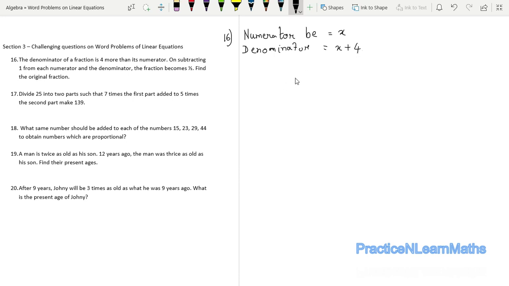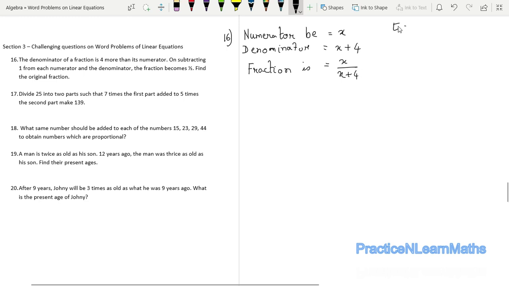Now, since the denominator is 4 more than the numerator, the original fraction is represented as x over x plus 4.